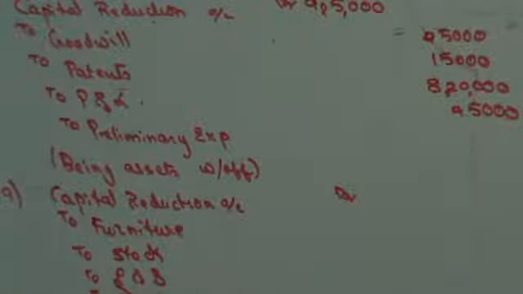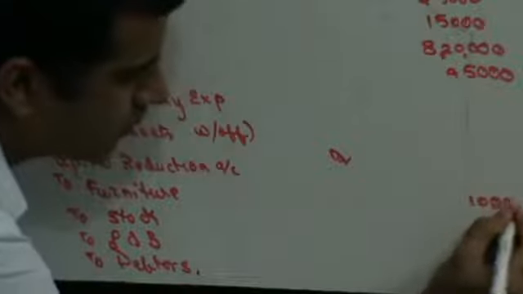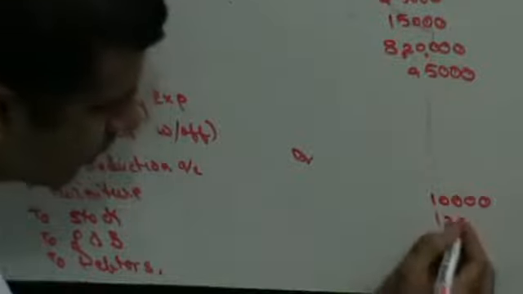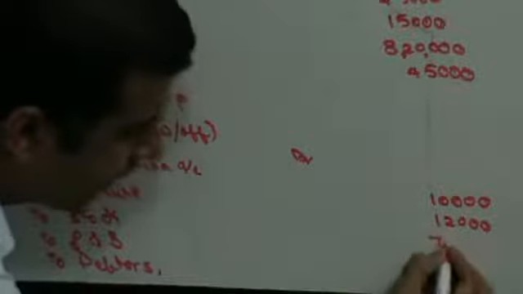Right? Now, furniture was 35, it has become 25, so 10,000. Stock was 80 and it has become 68,000, that means 12,000. Land and building was 650 and it has become 580, that means 70,000.